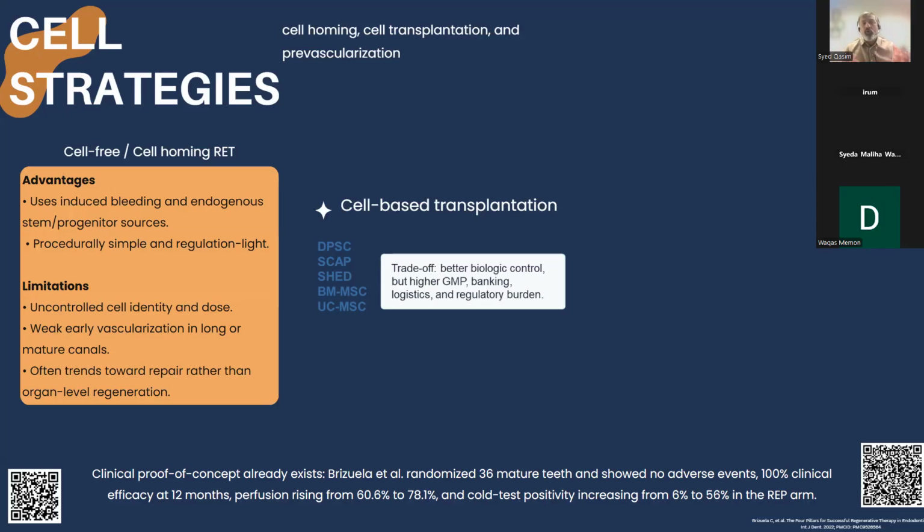You can have co-cultures, and I've given you certain cells: dental pulp stem cells, stem cells from the apical papilla, SHED, BMSCs, undifferentiated MSCs. The trade-off is between better biological control but higher GMP, manufacturing liabilities, banking, logistics, and regulatory burden.